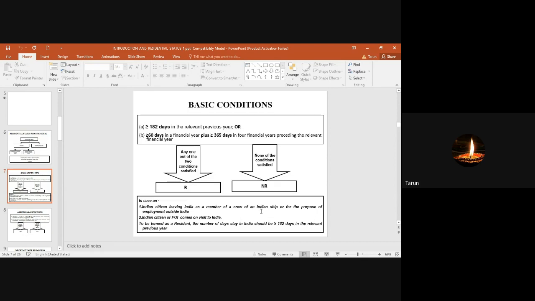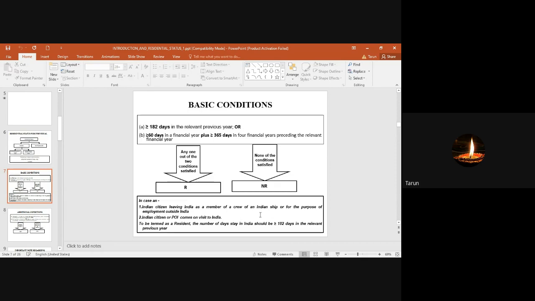In case any Indian citizen is leaving India as a crew member of an Indian ship or for the purpose of employment outside India, it means that if you are an Indian citizen, obviously since birth, and you have spent a long period of time, everyone can understand that he is a resident of India.